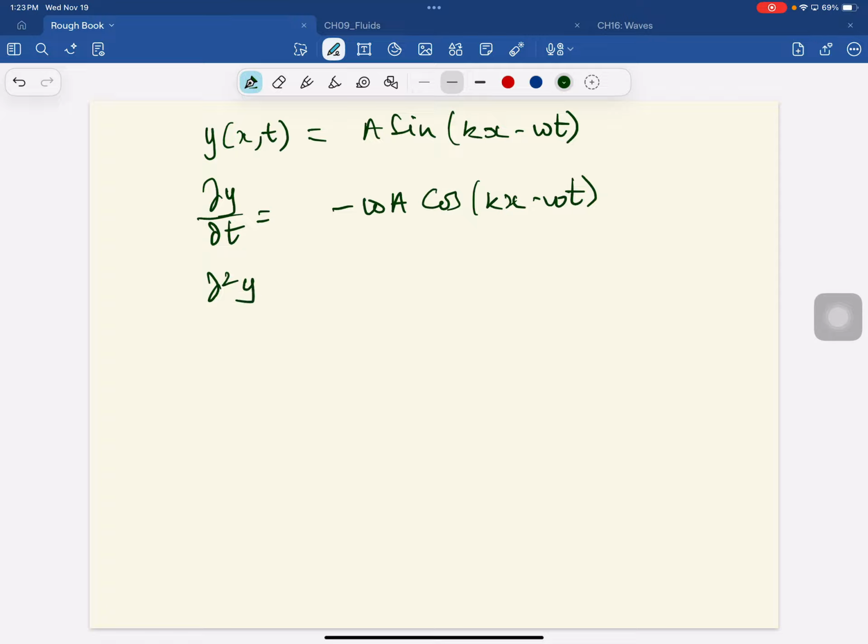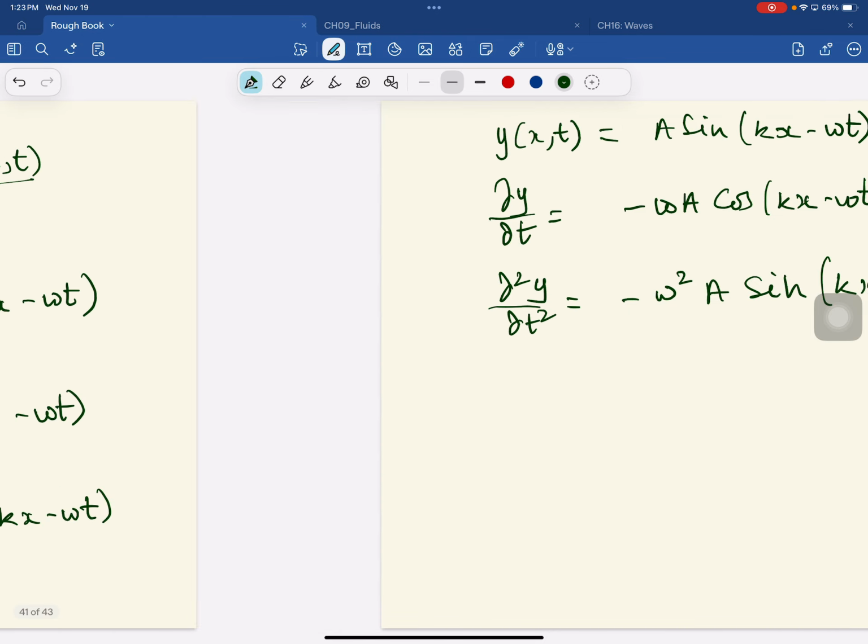Del squared y by del t squared: derivative of cosine is minus sine, and then you get a minus omega, that makes it a plus, so minus omega squared a sine(kx minus omega t).